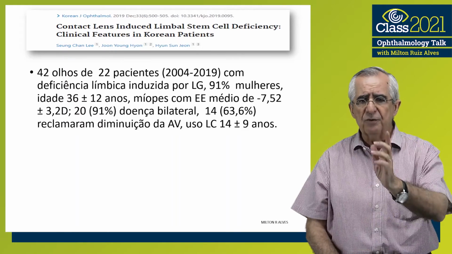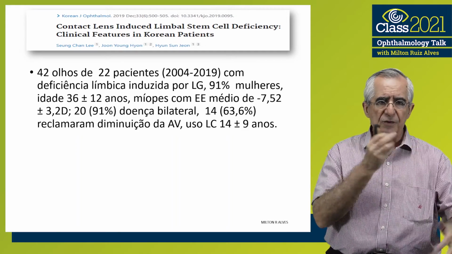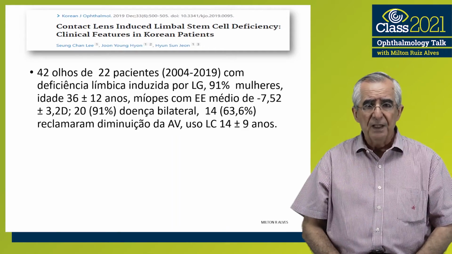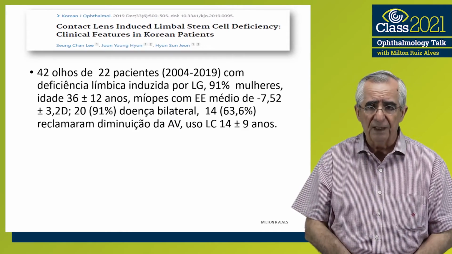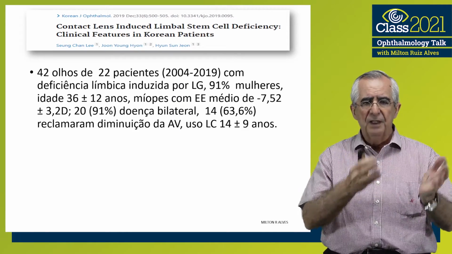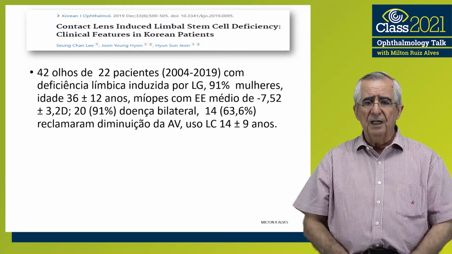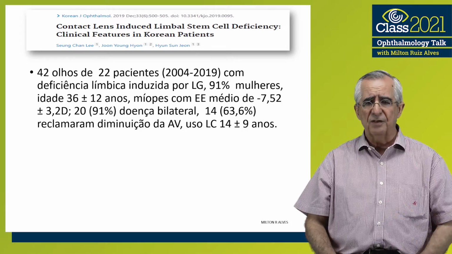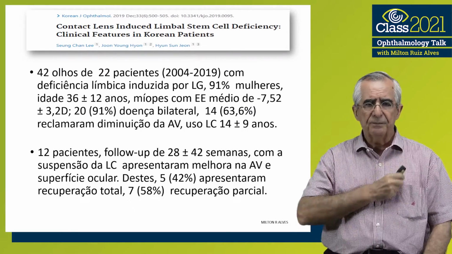Myopic individuals had a mean spherical equivalent of minus 7.52 diopters with a standard deviation of 3.2 diopters. 20 or 91% of them had bilateral disease. 14 or 63.6% of them had complained of decreased visual acuity and reported the use of soft contact lenses for 14 years with a standard deviation of 9 years.